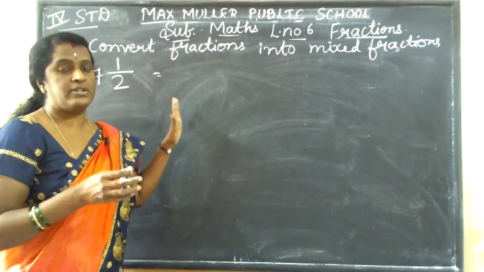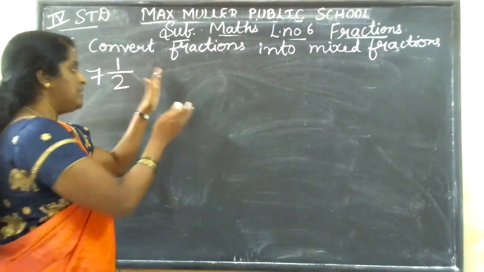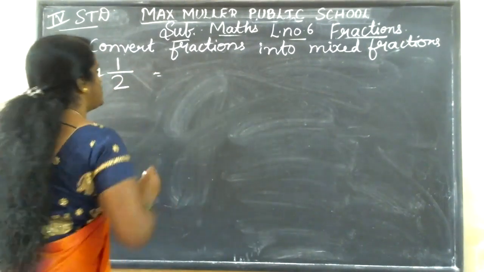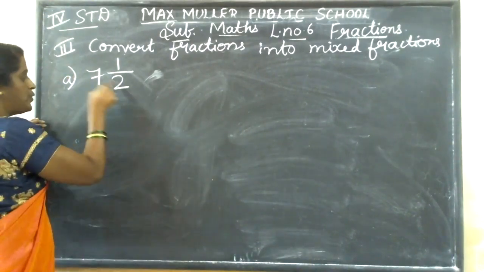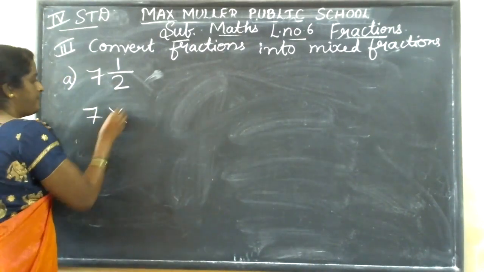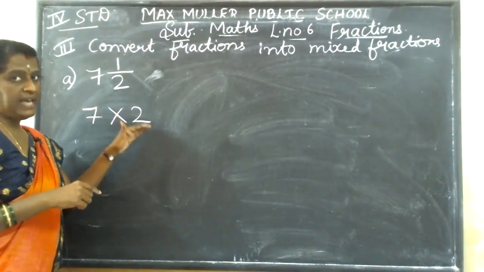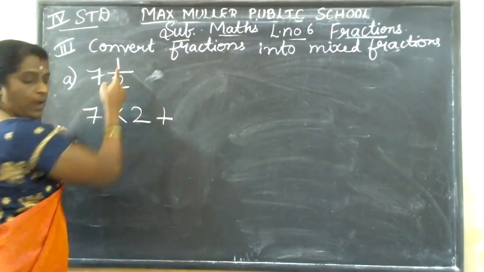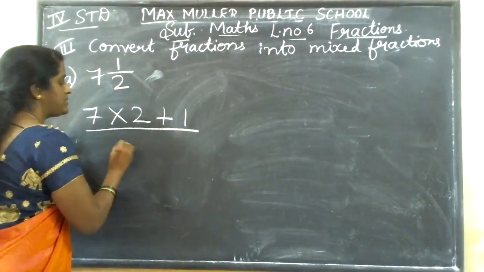So for this you have to do multiplication. See here, you should do it step by step. Okay, children? 7 into 2 plus 1. Denominator will be the same.